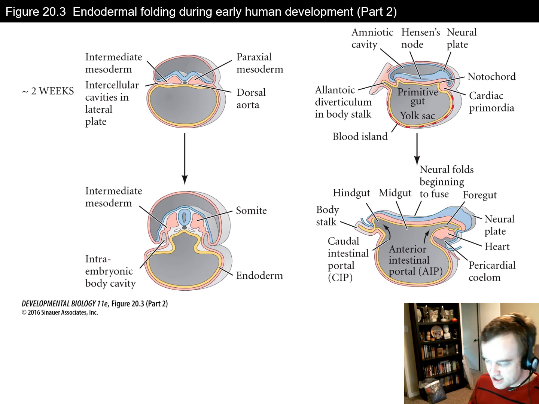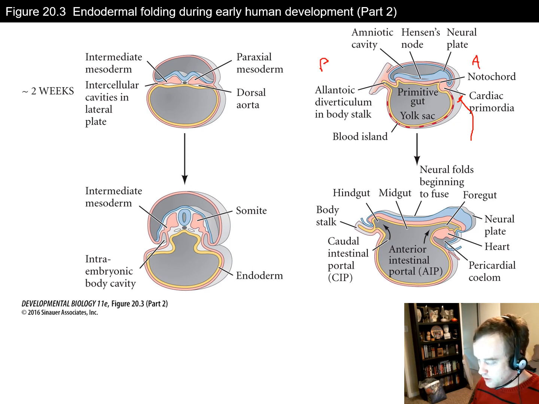As we proceed through development, we'll start to get more and more of this tube shape of the gut formation. At this point up here, you can see that we have the cardiac primordia, which is the beginning of the heart. This is the anterior side here, and this is the posterior.